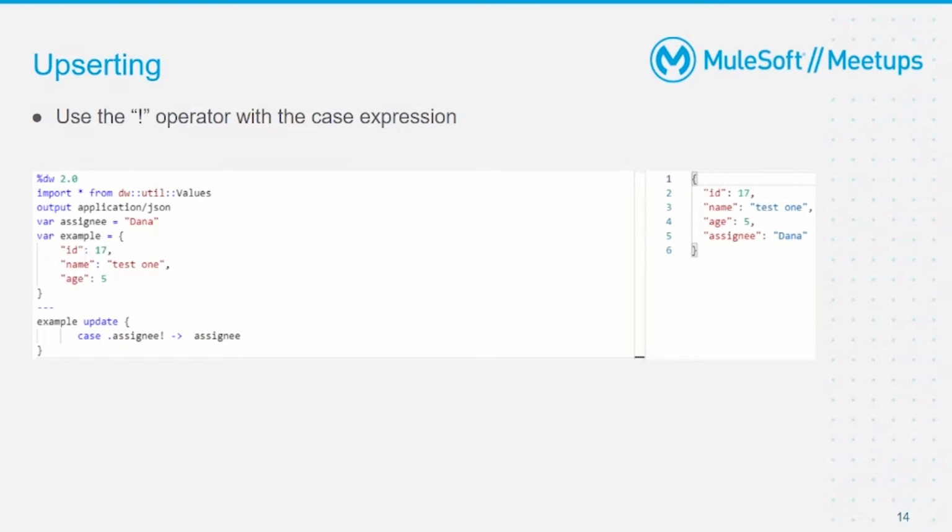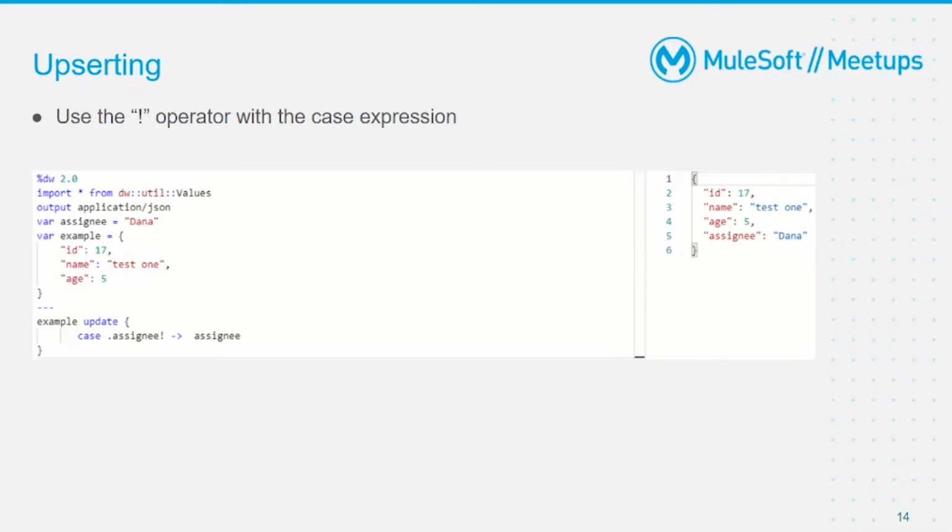You can also do upserting. So in this case, if you aren't sure if a value is going to exist in your input object, then you can do an upsert where if it doesn't exist, it's added in, and if it does exist, it's edited or replaced, updated with your new value.